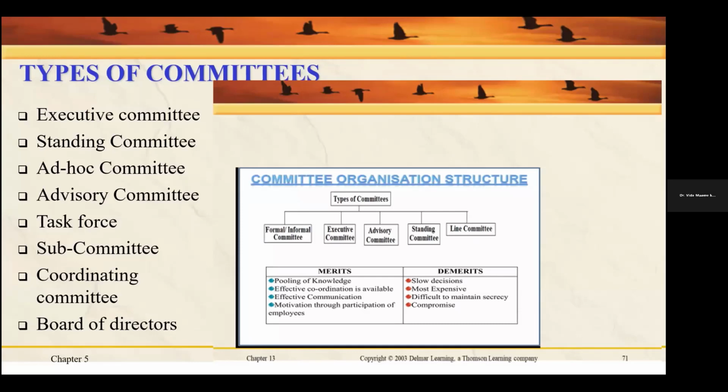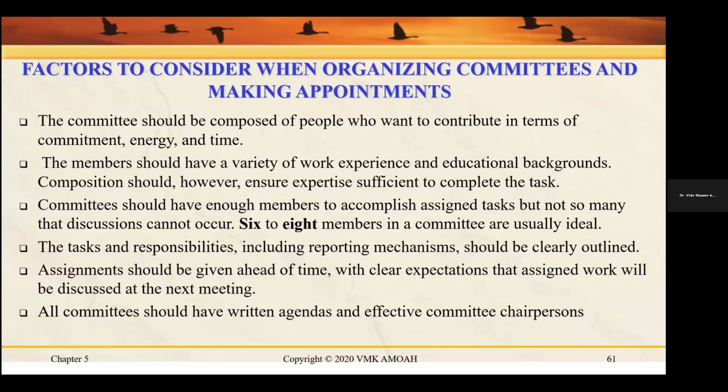So we can also consider these factors when you are organizing a committee or making appointments to a committee. The committee should be composed of people who want to contribute in terms of commitment, energy, and time. If people are not serious, you don't bring them on board in a committee. The members should have a variety of work experience and educational backgrounds.